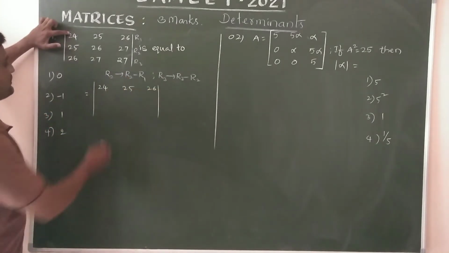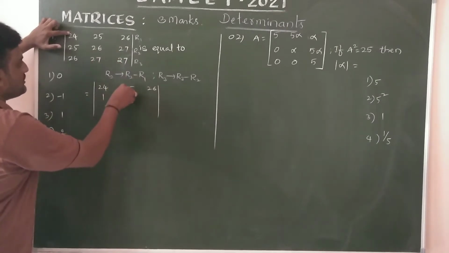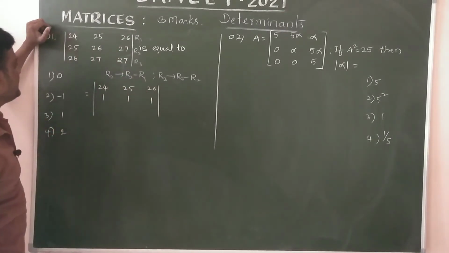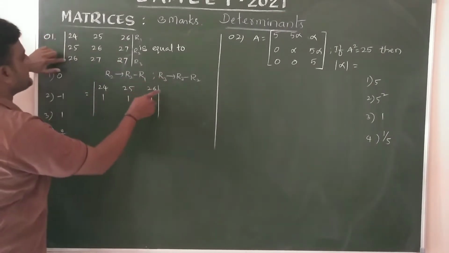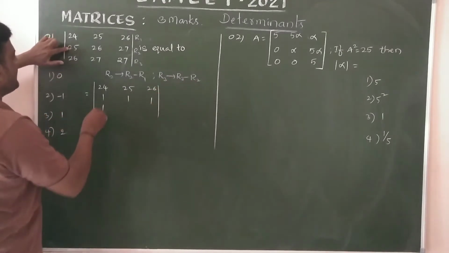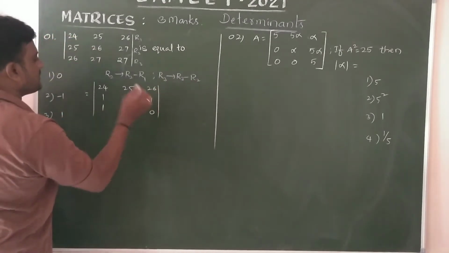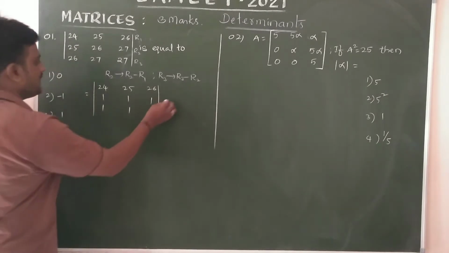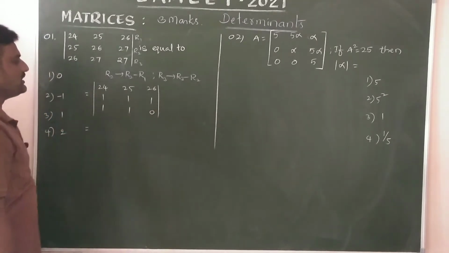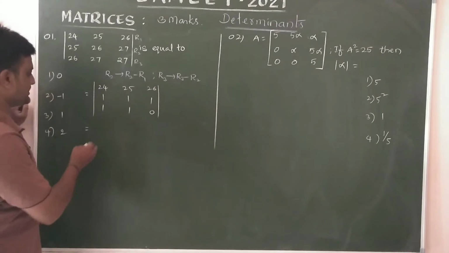25 minus 24 is 1, also 1 and 1 clearly. In the place of R3, R3 minus R2: 1, 1, 0, simply. Then that equals, now we have single digits and also ones and zeros.